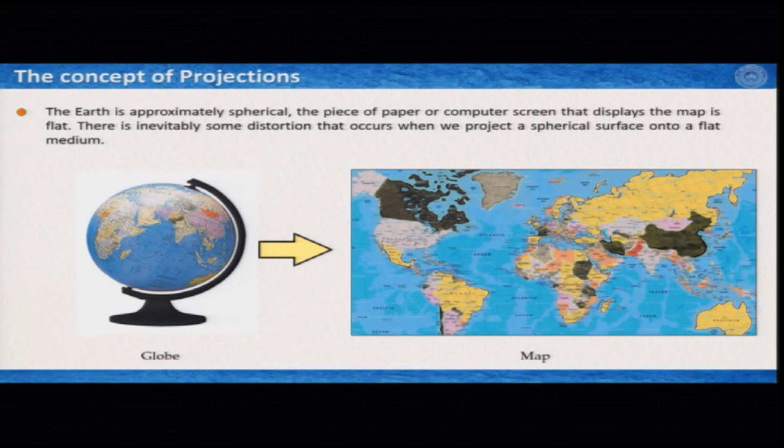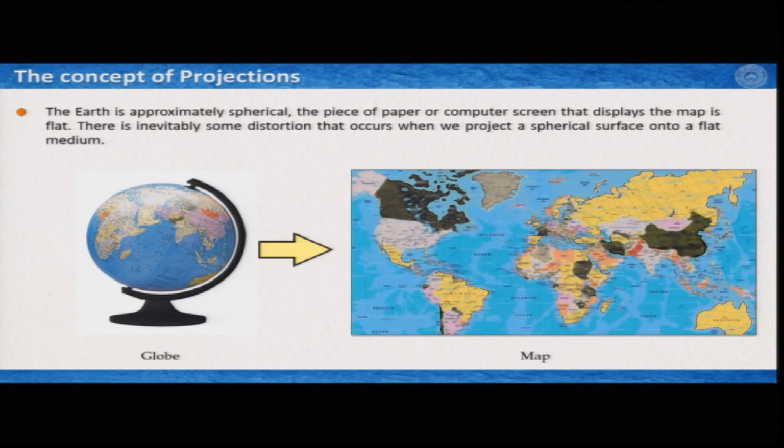Now, before we go to the actual topic of stereographic projections, let us have some ideas of what a projection is. Imagine a globe that we have all seen, and you also have seen the world map, which we see on our computer screen or a piece of paper, which is flat, and what we see on a sphere is not flat.